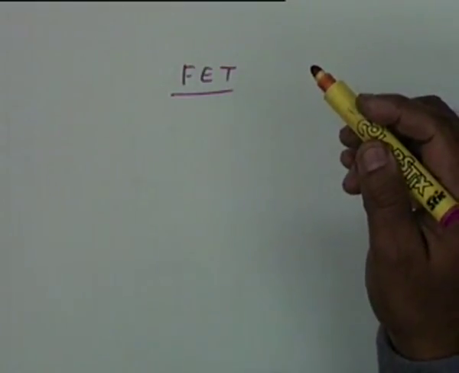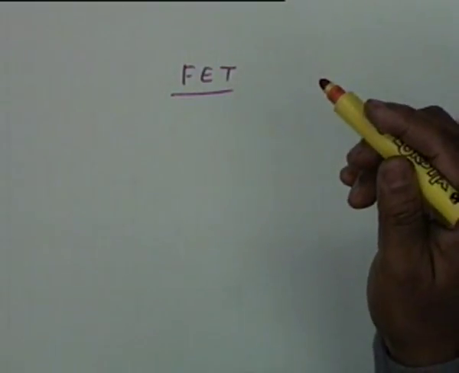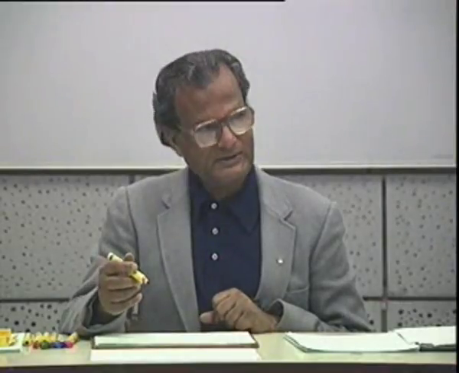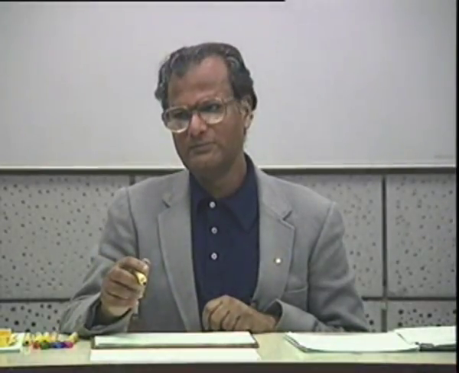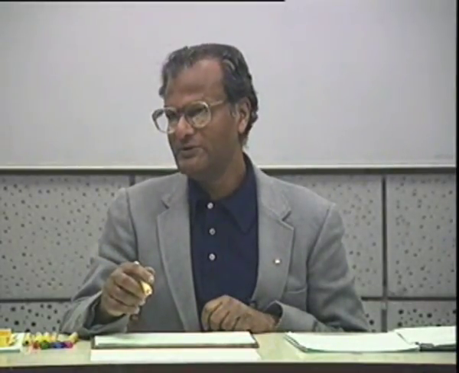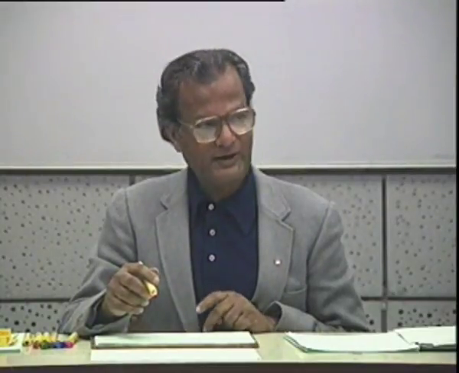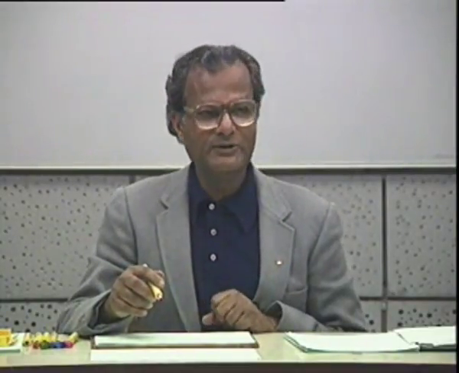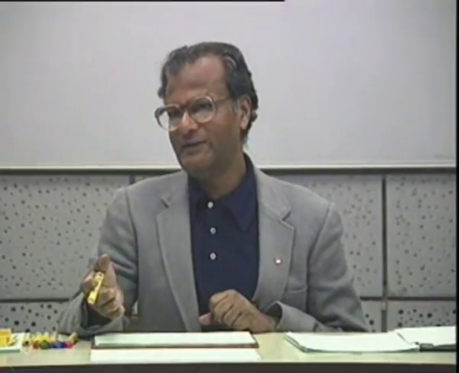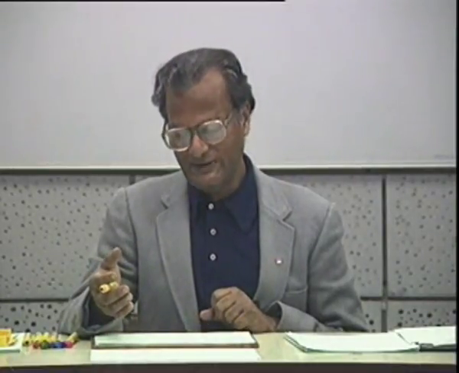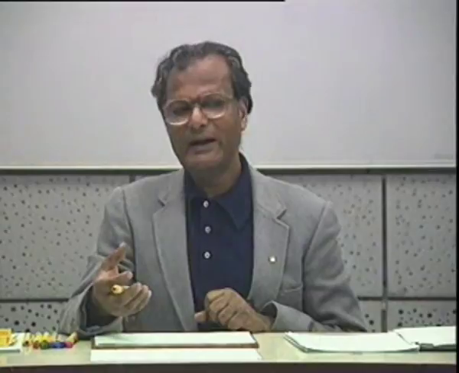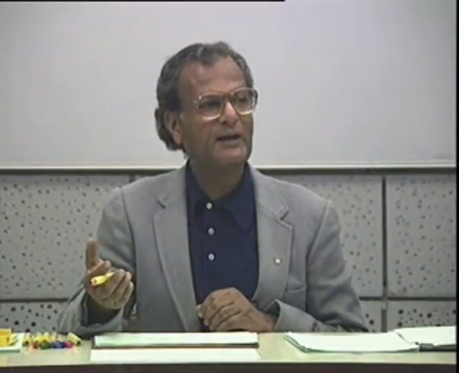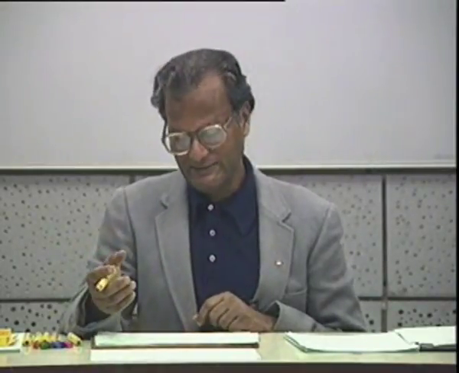This is a field effect transistor, which means that the basic conduction mechanism in FET should be field oriented or field induced. That is, you create an electric field, and you allow the carriers to be drawn away by the field, or carriers to be accelerated by the field and go to a collector.